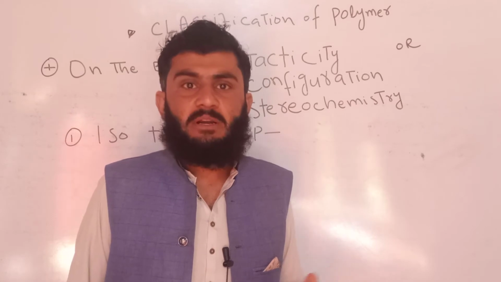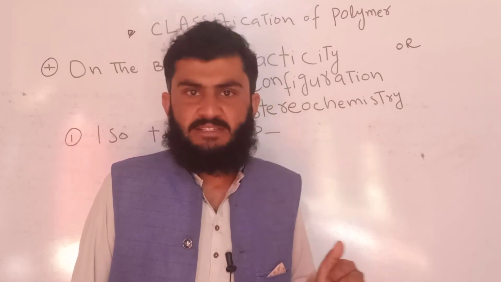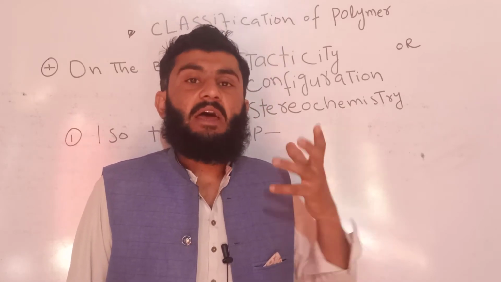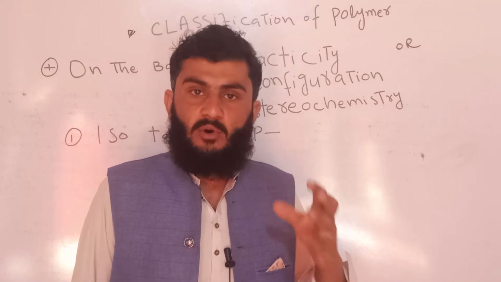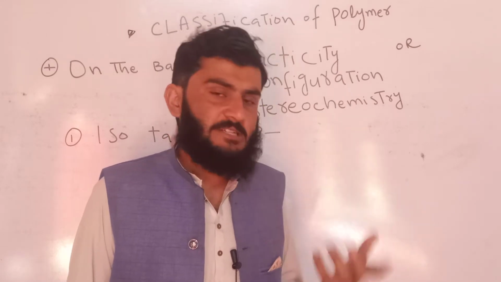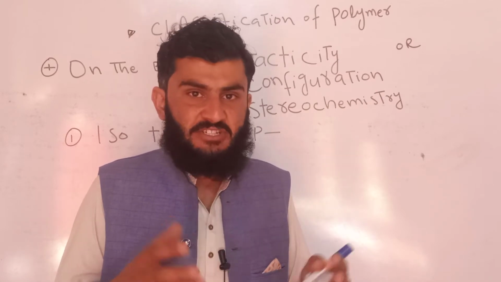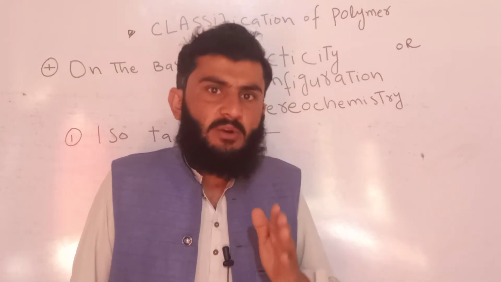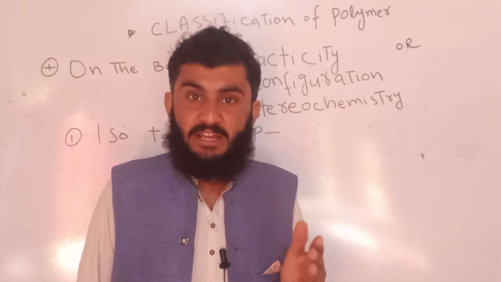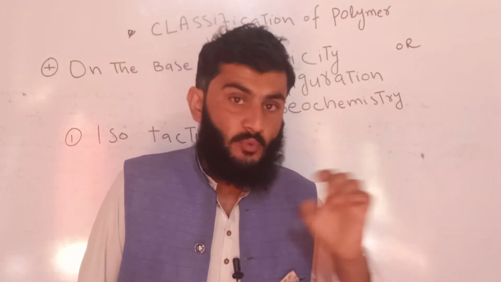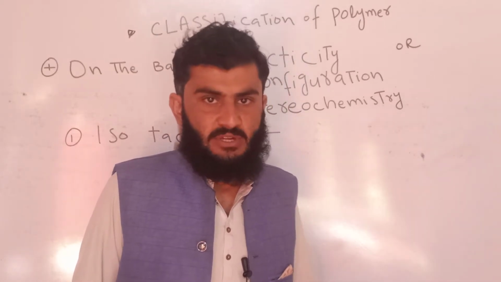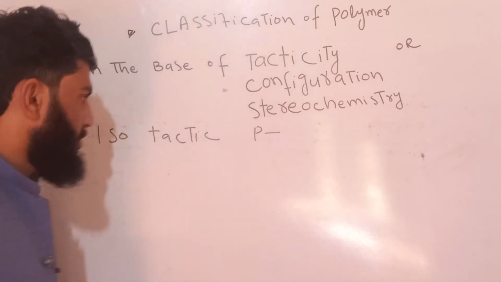So such polymers have the same tacticity, the same configuration, the same geometry. It means, in short, the polymer where monomers are arranged with the same configuration, with the same stereochemistry.